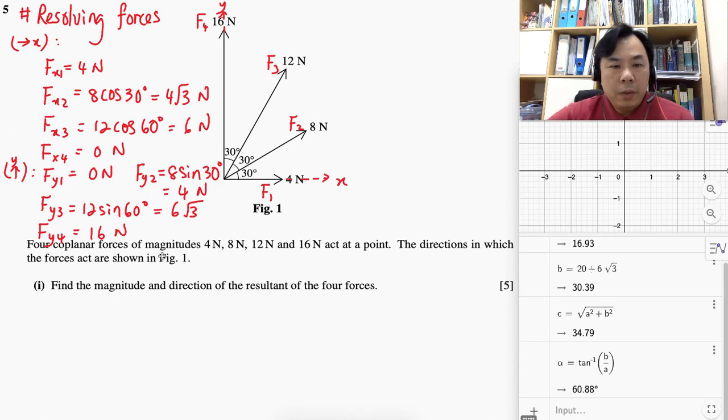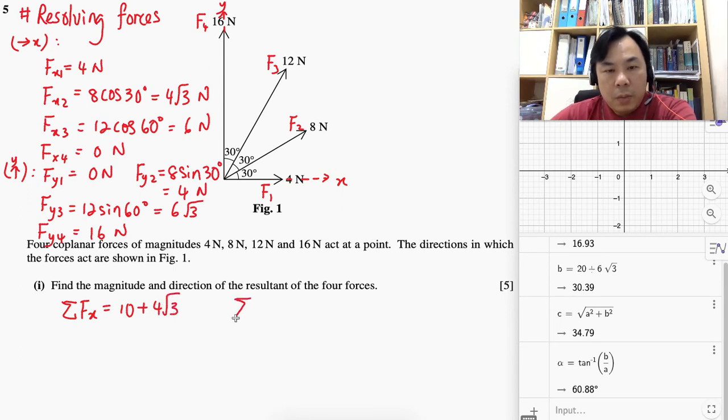Now once we have done all this, all we need to do is get the sum of all its x components. So the sum of all its x components is given by 4 plus this and this. Generally that would give us 10 plus 4 sec 3.